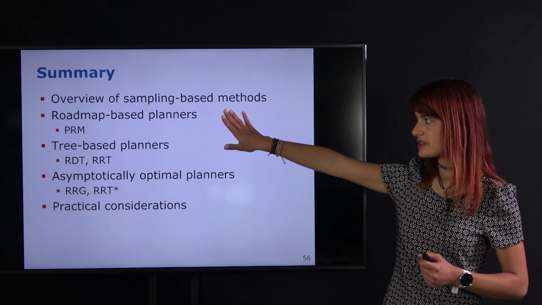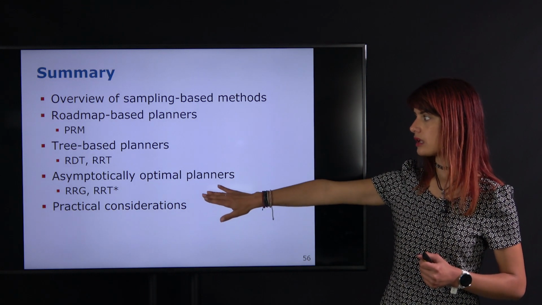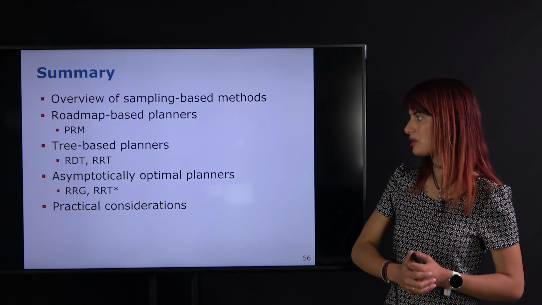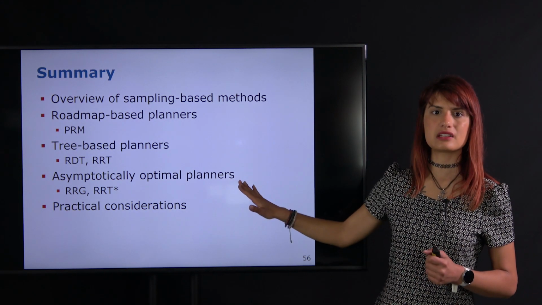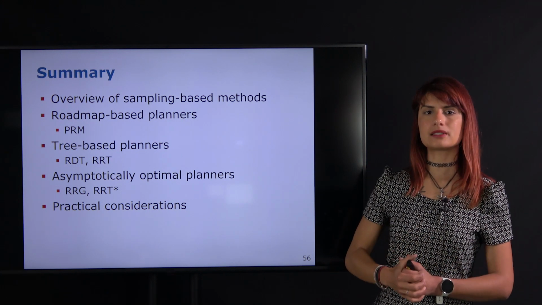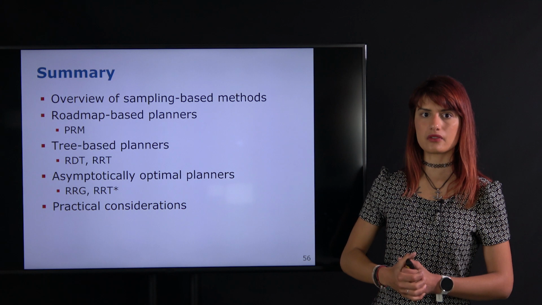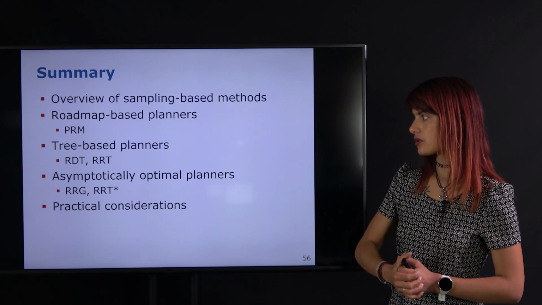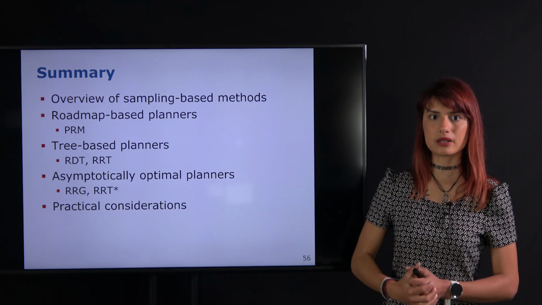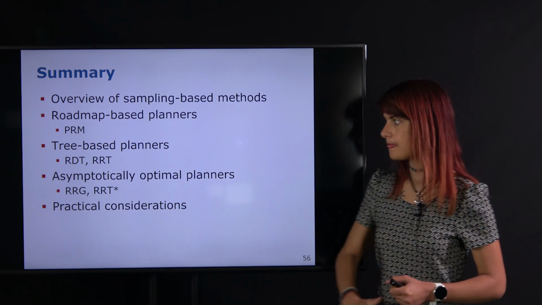Then we took these ideas and upgraded our algorithms to obtain asymptotically optimal versions based on the ideas of random geometric graphs, and also making adaptations to the structure of our graph or tree in order to preserve the shortest possible path if we give the algorithms enough time to find it.